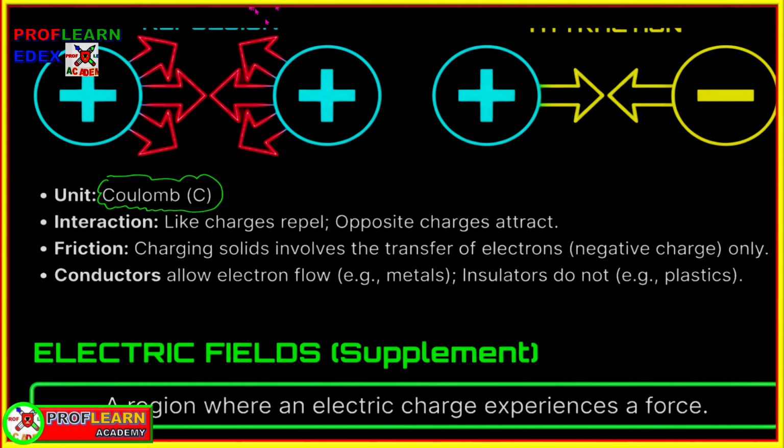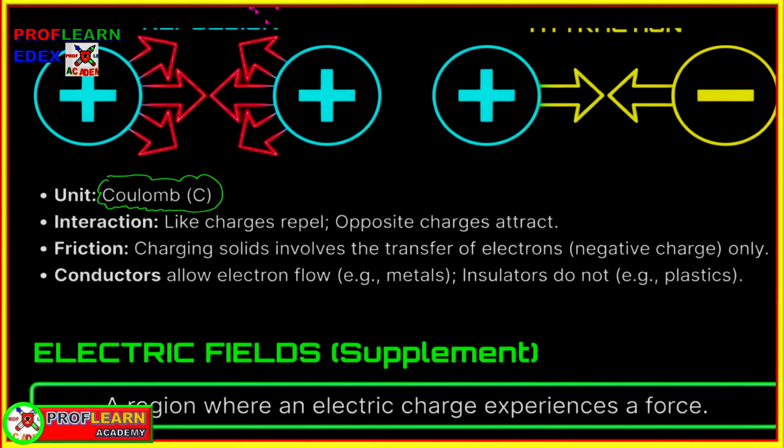Now, for instance, if I take a plastic and a piece of cloth and rub these two together, electrons will be transferred due to friction.